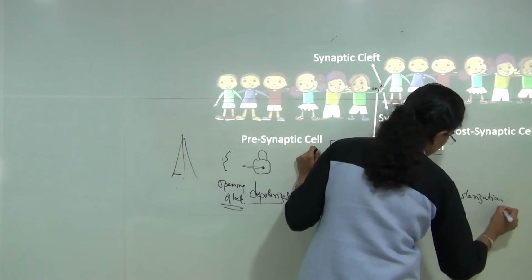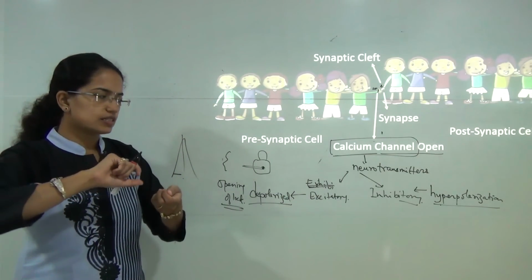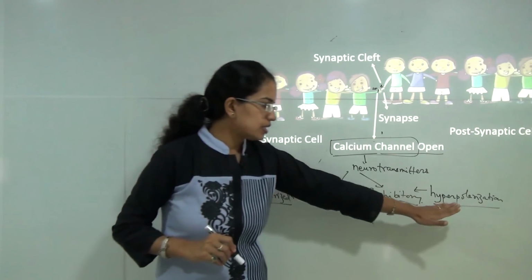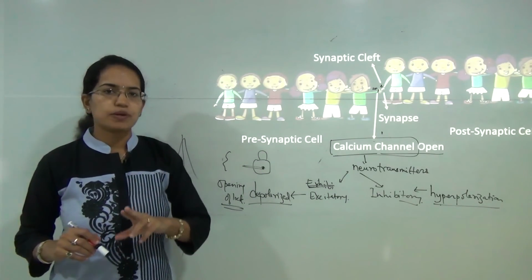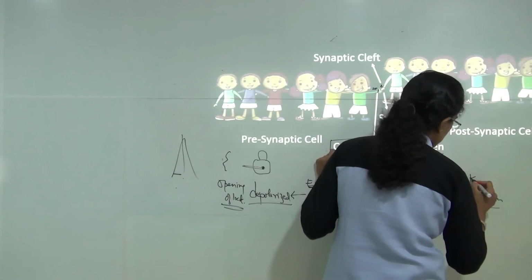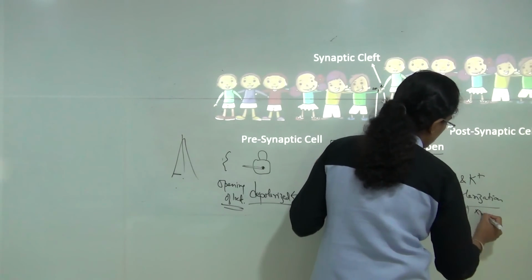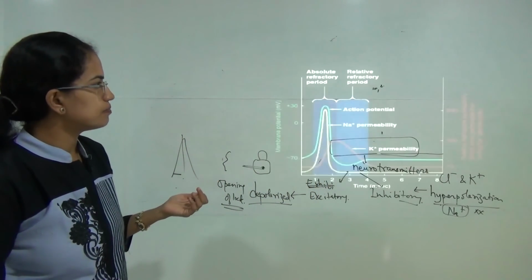you would have inhibitory action. That means there would be closing of the lock, and during this hyperpolarization state, there would be opening of the chloride and the potassium channels, but sodium channels will not open. So as we saw, let's move on to the graph below.